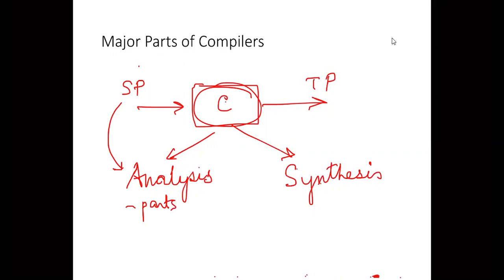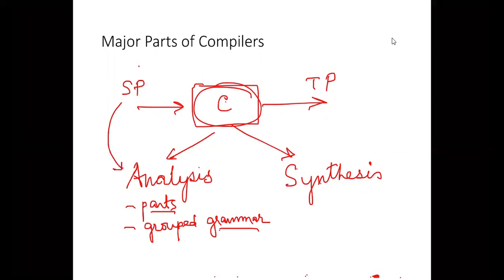Then these parts are grouped together to form a structure according to the grammar of the language. So the components or the parts of the program are arranged in the form of a grammatical structure, which is in the form of a tree, as we will see later on.